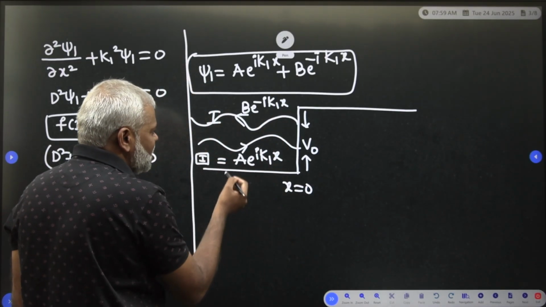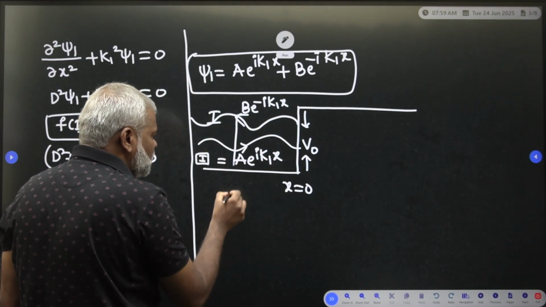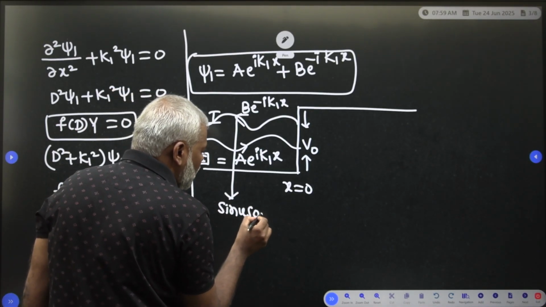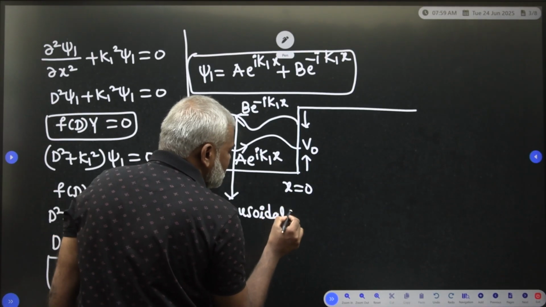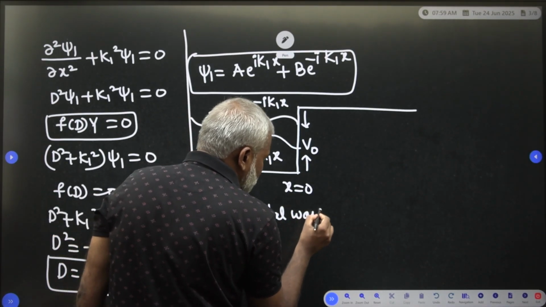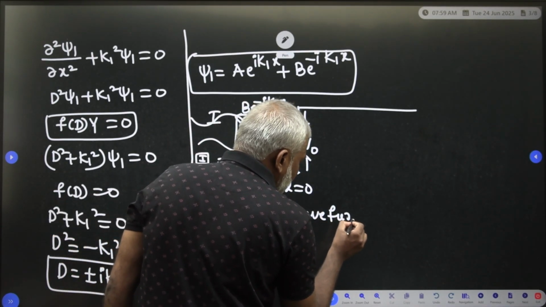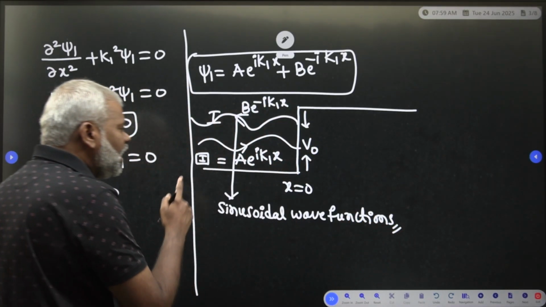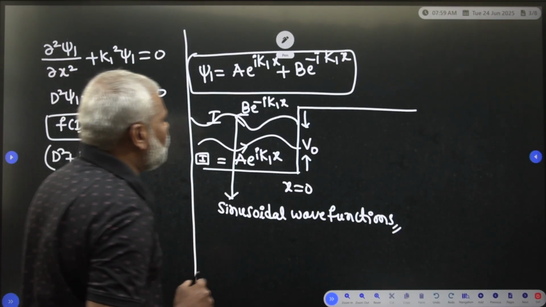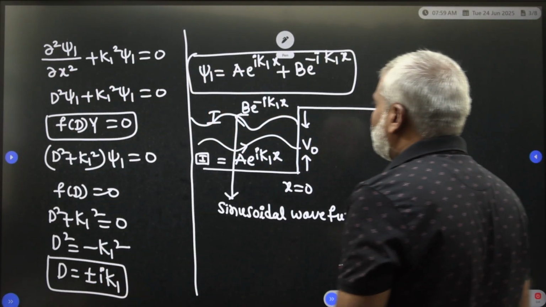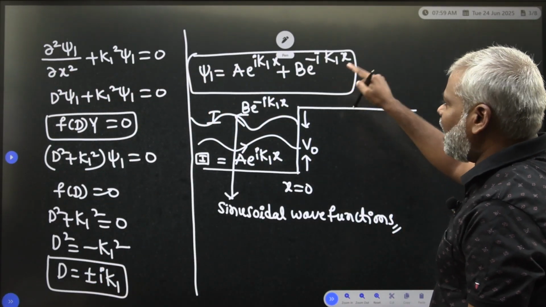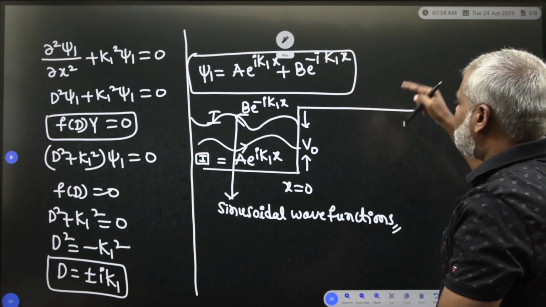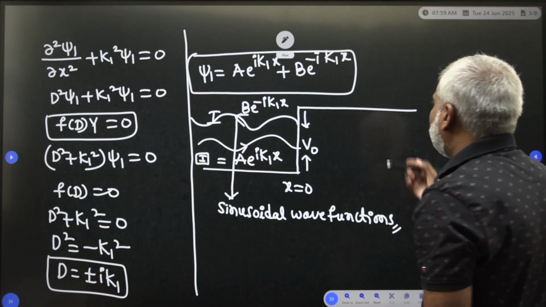So what are these shapes? These two beams act as sinusoidal wave functions. So we have to take these wave functions as sinusoidal wave functions in region 1. In region 1, psi 1 is equal to a e to the power of i k1 x plus b e to the power of minus i k1 x.